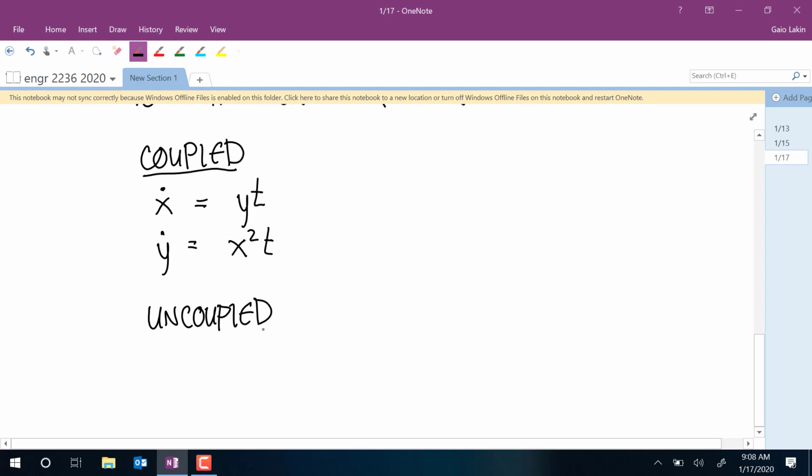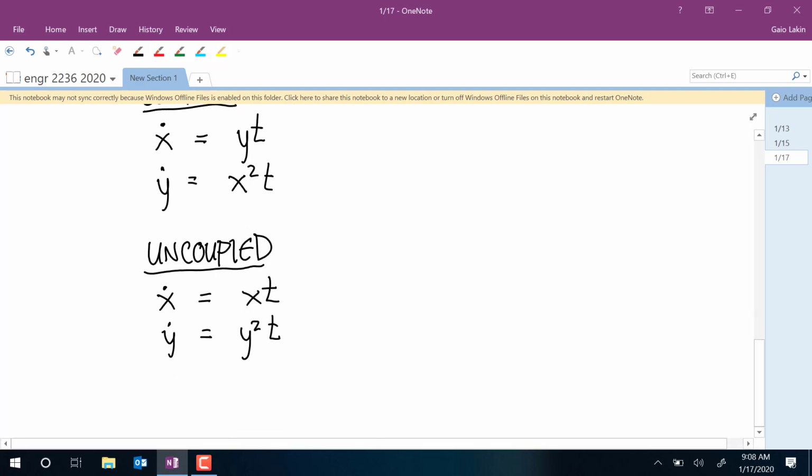Uncoupled would be like x dot is equal to x t, y dot is equal to y squared t. It looks like the same kind of equations, but there are no y's in the x equation and no x's in the y equation.